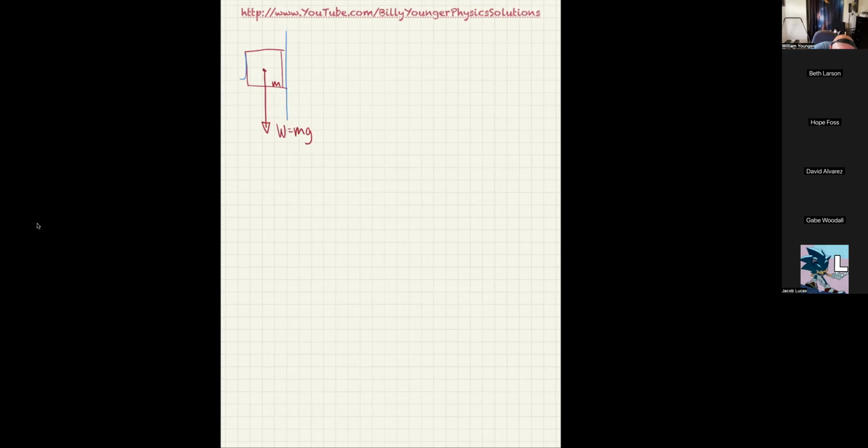But when your hand pushes on this box to the right, then you get a force, which I'm going to call right as positive, so I'll use that as a purple arrow. Then you get a normal force that acts in what I would call the negative x direction, and that would be F normal like that.